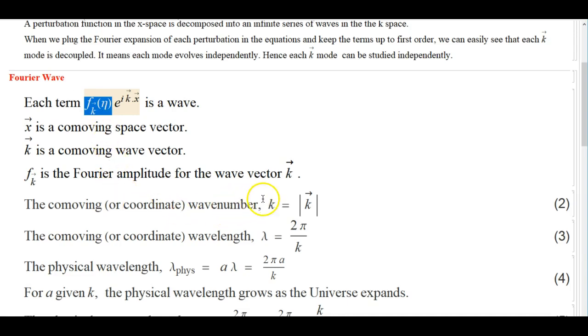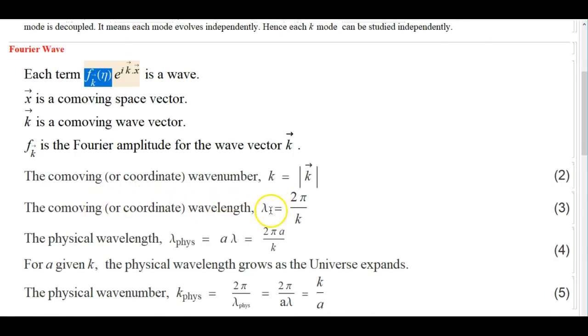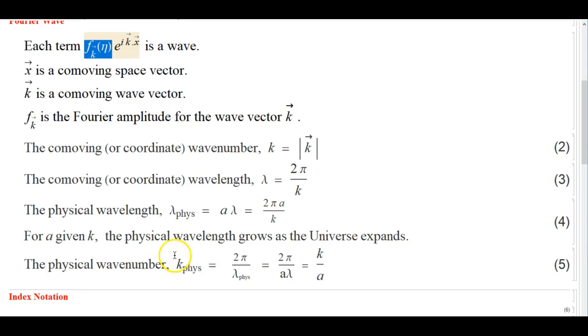Now the co-moving wave number is k. The co-moving wavelength is lambda, 2 pi over k. The physical wavelength is the co-moving wavelength multiplied by the scale factor, so it is 2 pi a over k. So the physical wavelength grows as the universe expands, but the co-moving wavelength remains the same.